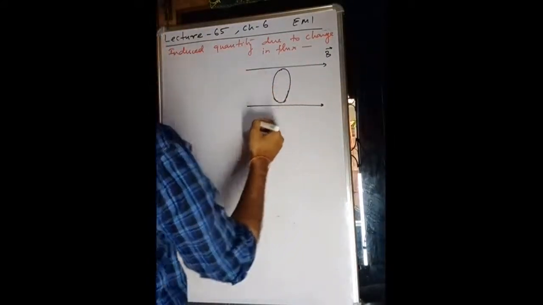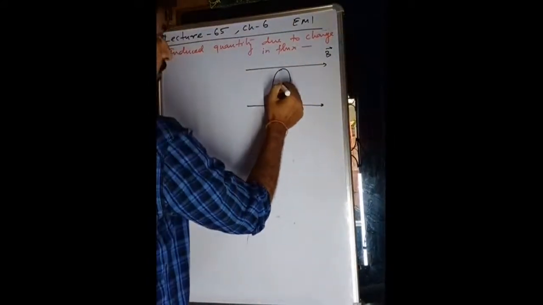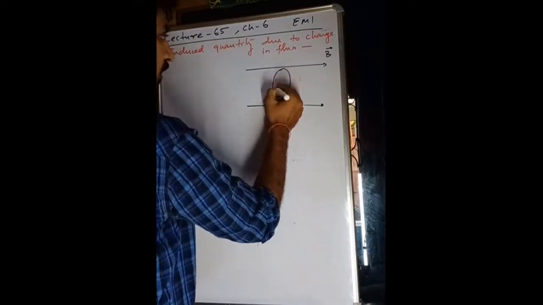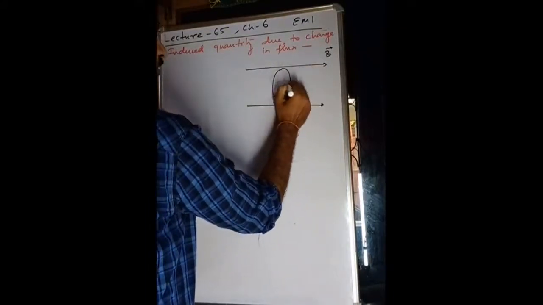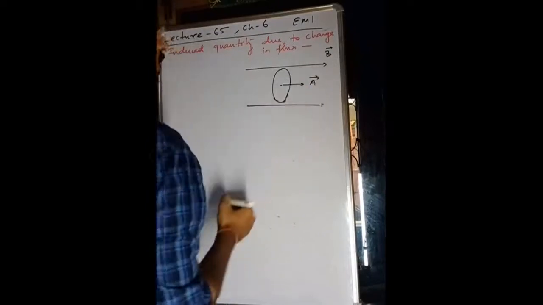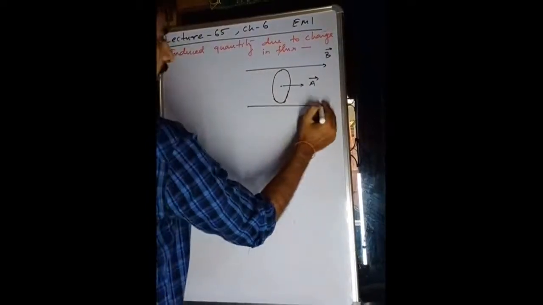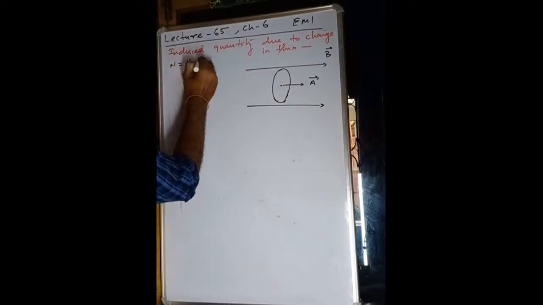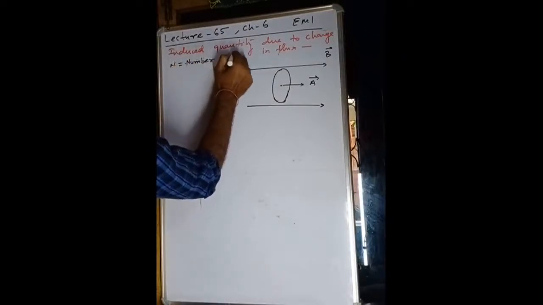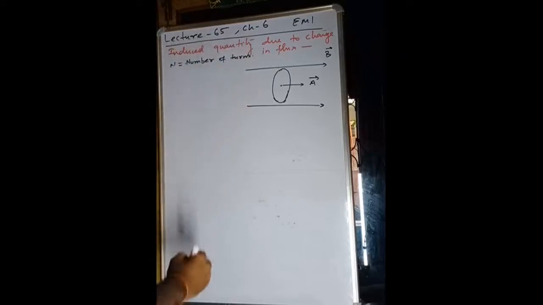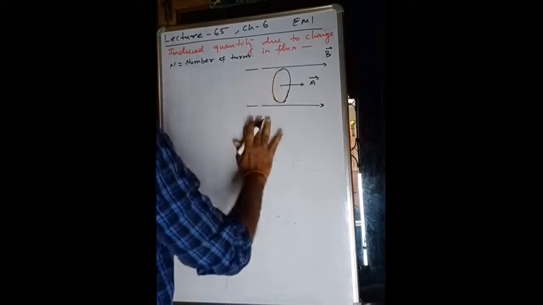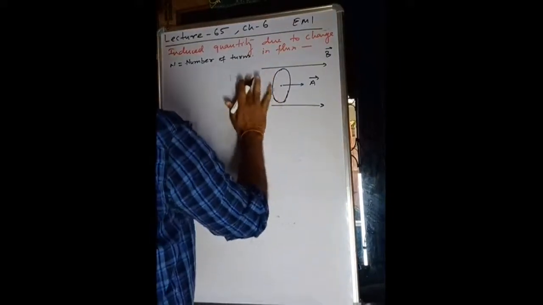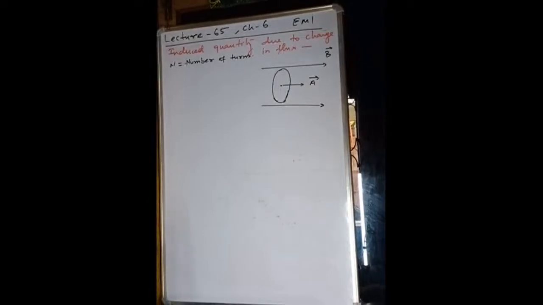Suppose the cross-sectional area of the coil is A, and the number of turns is n. So we are going to consider the quantities that are associated with this change in flux. Okay, this is very important my dear students.